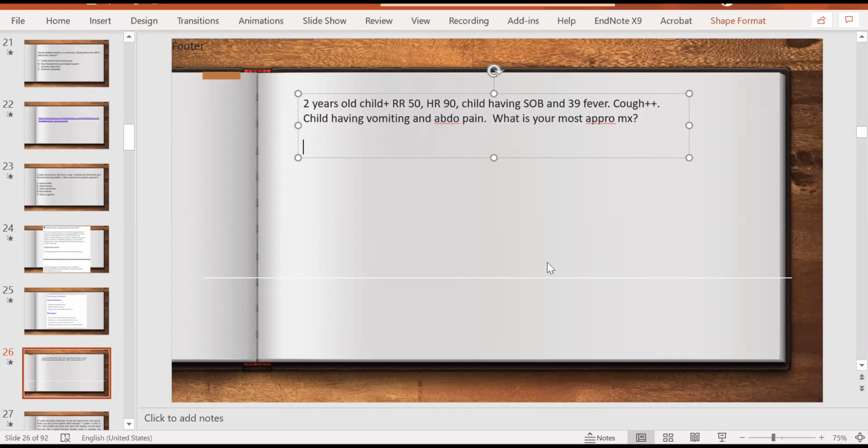So this child is obviously having increased respiratory rate. 50 is very high. So this is important. Now, they told you that if any of the features is there. Now, this patient has respiratory distress. So this is a severe form of pneumonia.